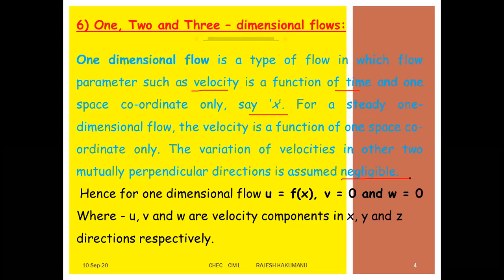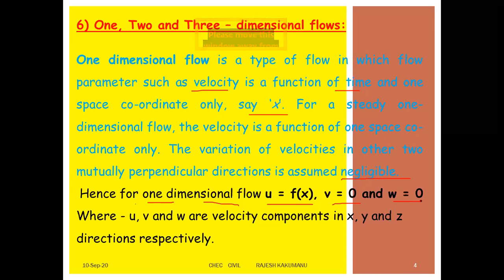Therefore, for one-dimensional flow, u equals f(x), v equals 0, and w equals 0. Why? Because the variation of velocities in the other two axes is totally negligible. That's why we take v as 0 and w as 0. Only f of x we are considering.